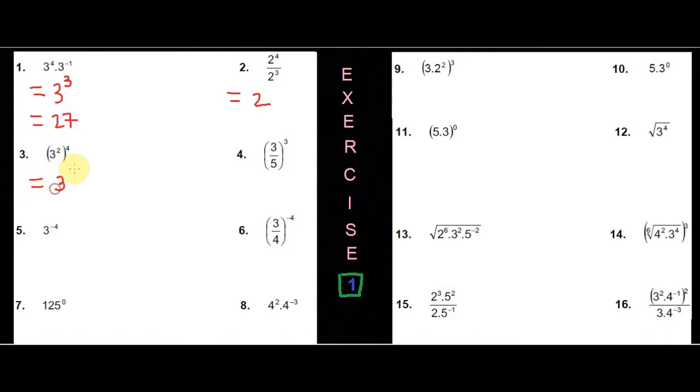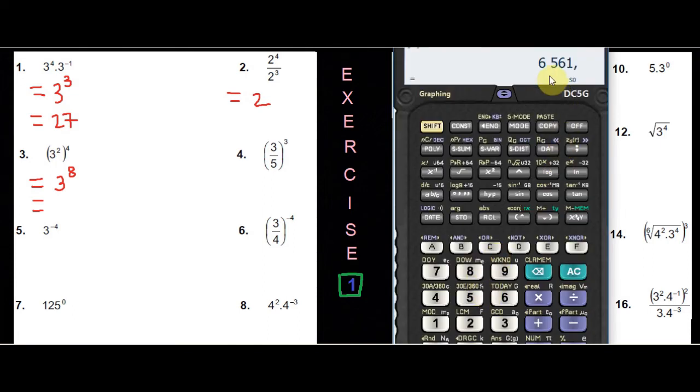Here we multiply the powers. So 2 times 4 is 8. And we can find this on a calculator. 3 to the 8 is 6561.